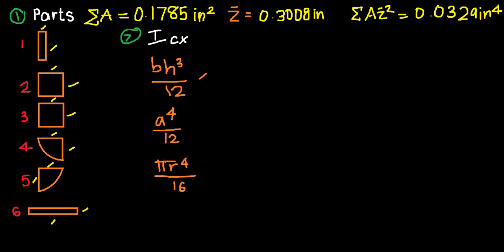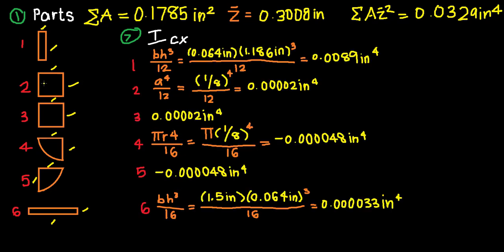Now since we're dealing with the quarter circle, this is its formula for calculating its moment of inertia, and we simply plug in our radius to figure that out. And then always remember, by the way, that our base is always the side that is parallel to our axis.